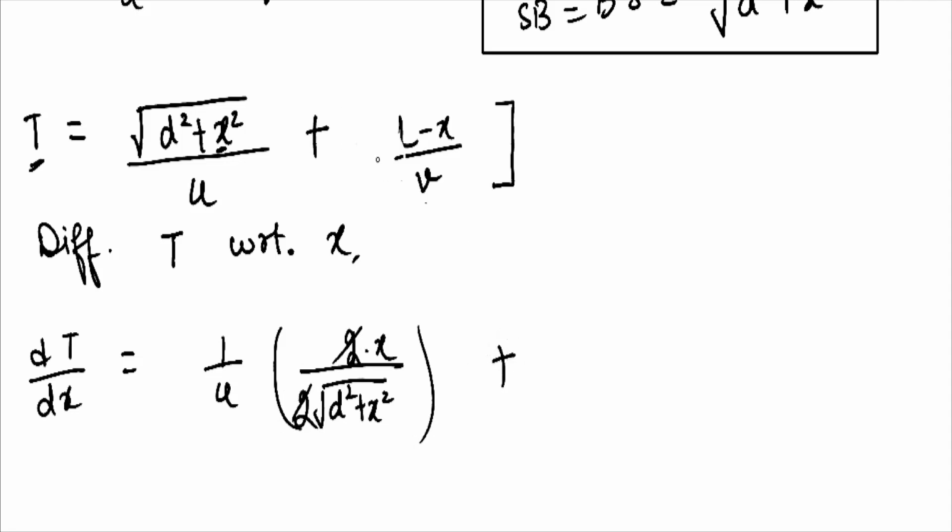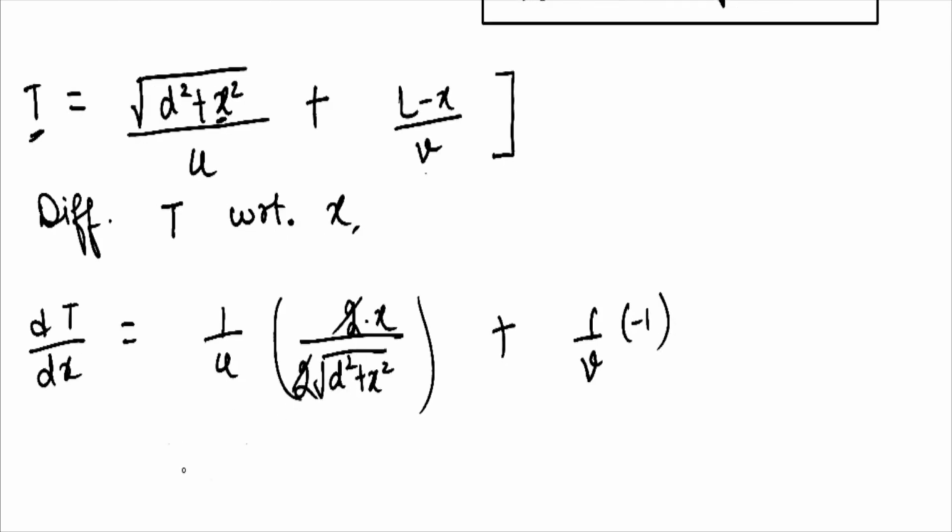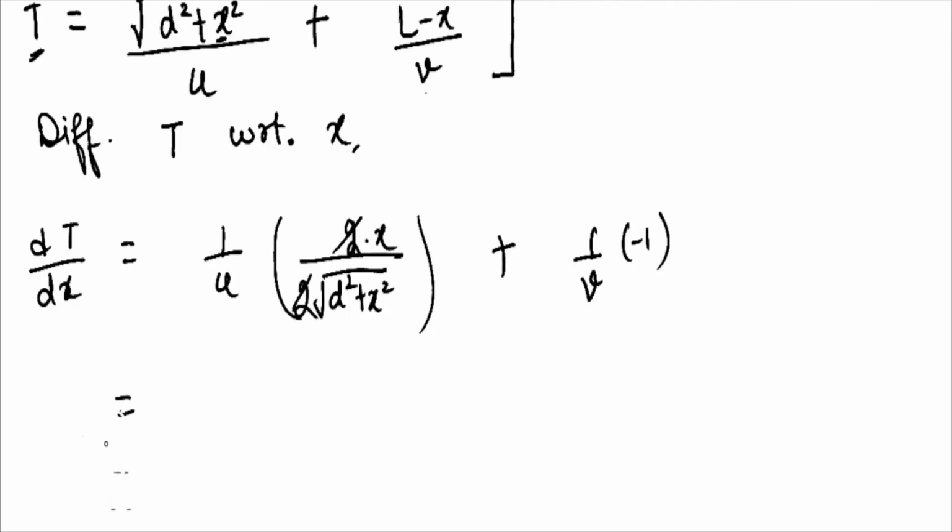For the second term, 1 by v is a constant and stays as it is, the derivation of L will be 0, and this will be minus 1. So the final dt by dx function that we have is x divided by under root d square plus x square into u, minus 1 by v.